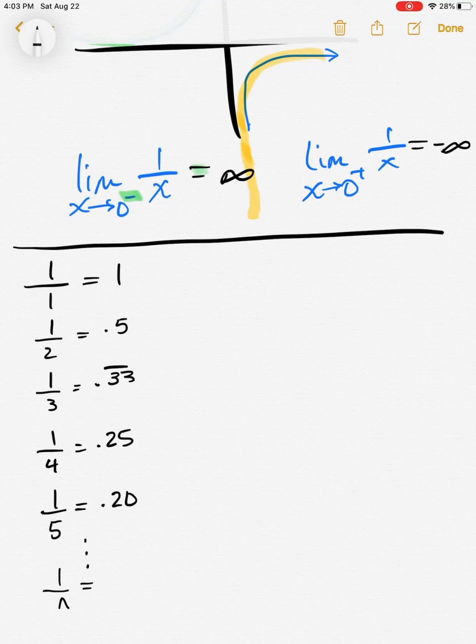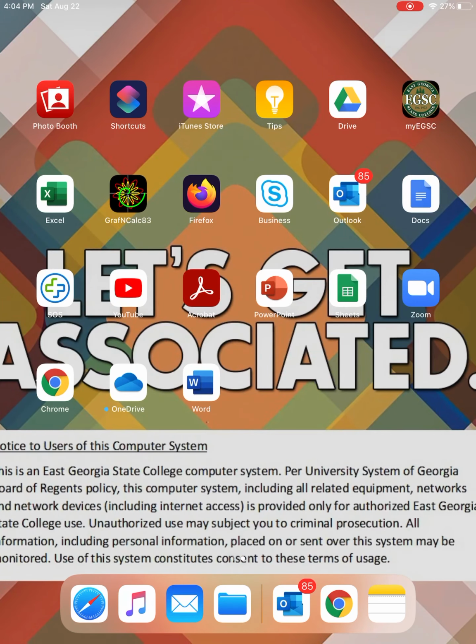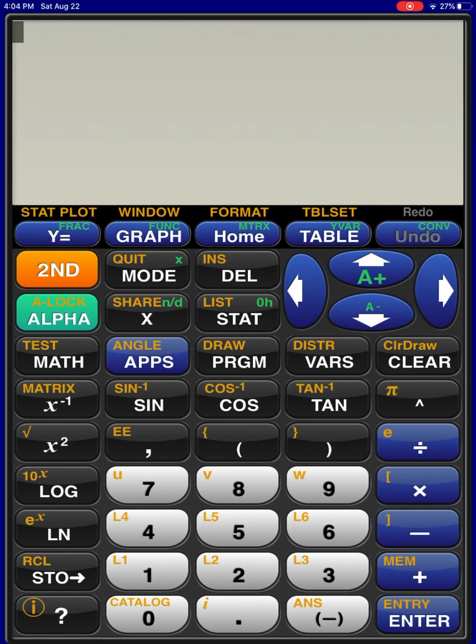And it's going to keep going. As the denominator approaches infinity, this value is approaching 0. All right, so I've got you one even better. Let's toss in the calculator.